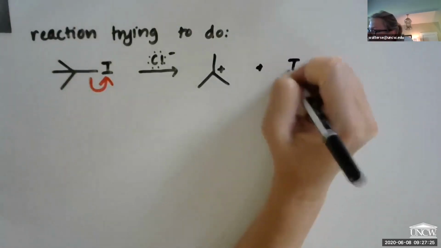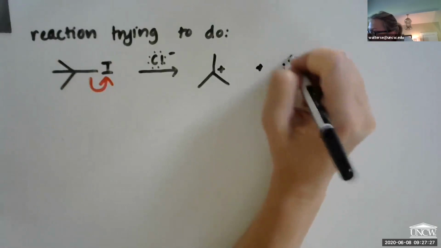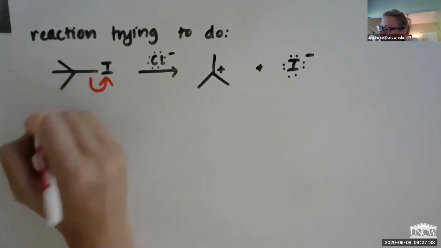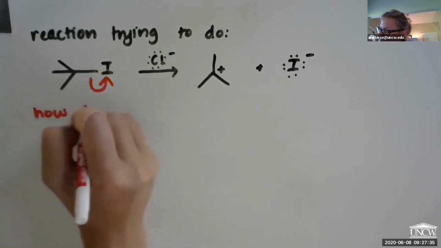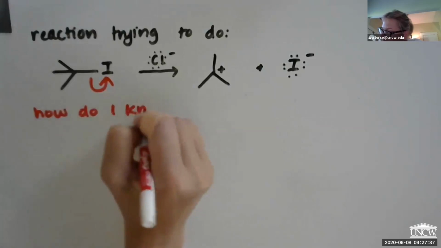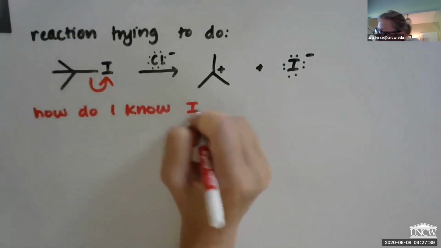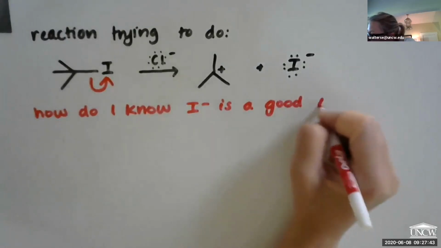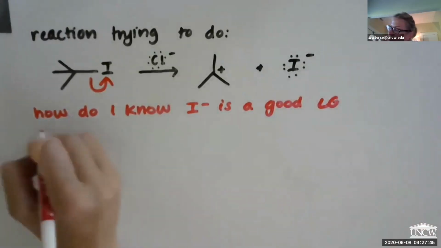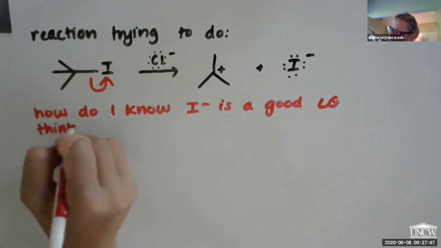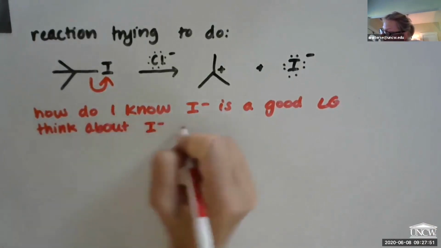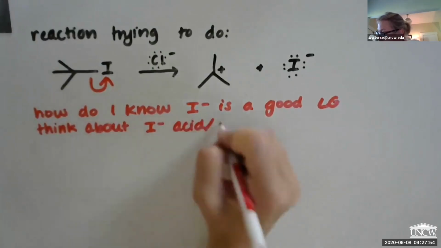But we also have iodide in the reaction, okay? So if you're going to say, how do I know that iodide is a good leaving group? Then what you're going to do is think about the iodide acid-base reaction.